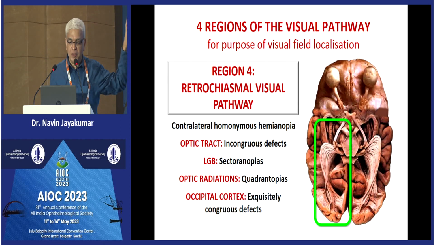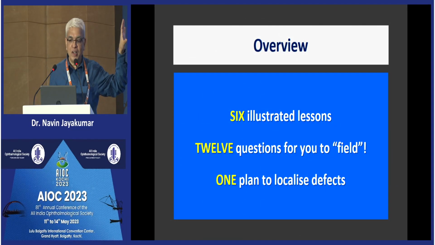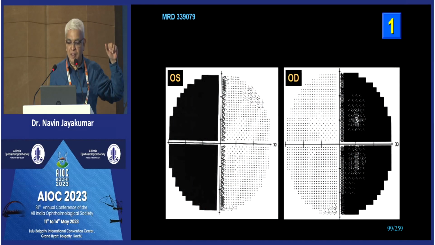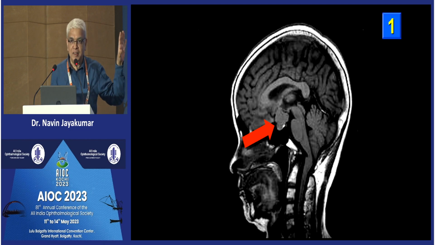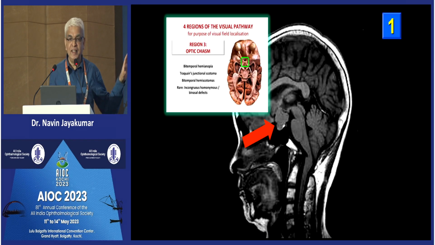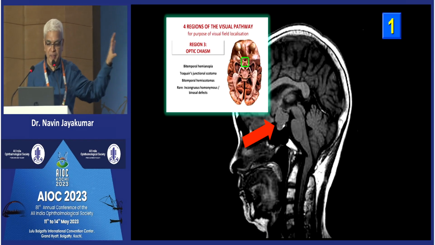So I hope you got those 4, because now we are going to go into a couple of pictures, and I'd encourage all of you to shout this out. What is this? Perfect. Bitemporal hemianopia, and we know all where that comes from. Usually it's a favorite pituitary gland going up and pressing on the optic chiasm from below. And clearly, this is our region 3, optic chiasm.